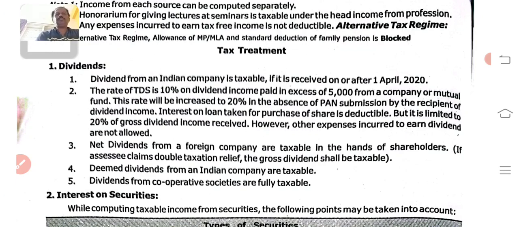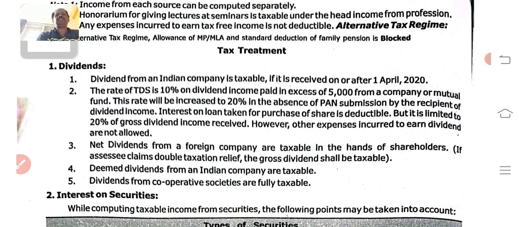Interest on loan taken for purchase of shares is deductible, but it is limited to 20% of gross dividend income received. However, other expenses incurred to earn dividend are not allowed. Net dividends from a foreign company are taxable in the hands of the shareholder if the assessee claims double taxation relief.